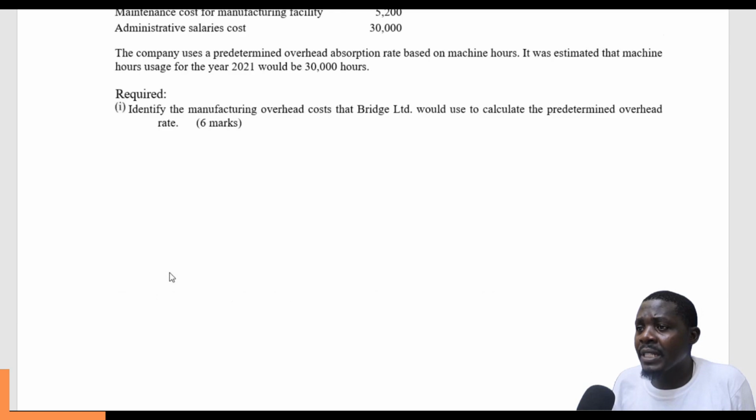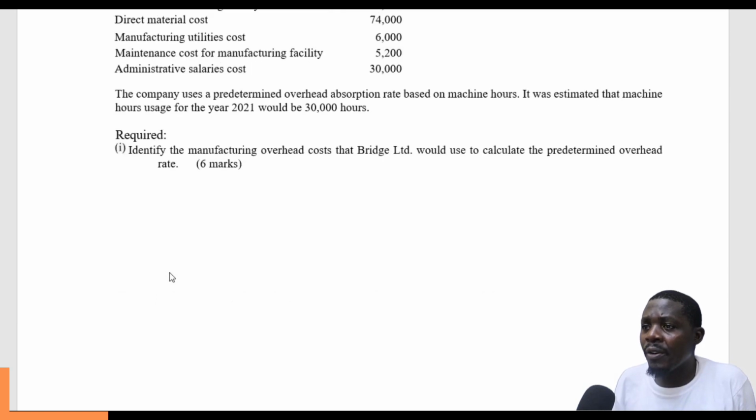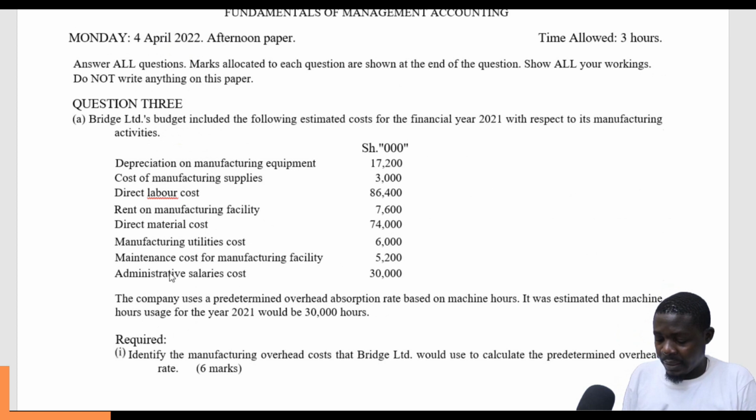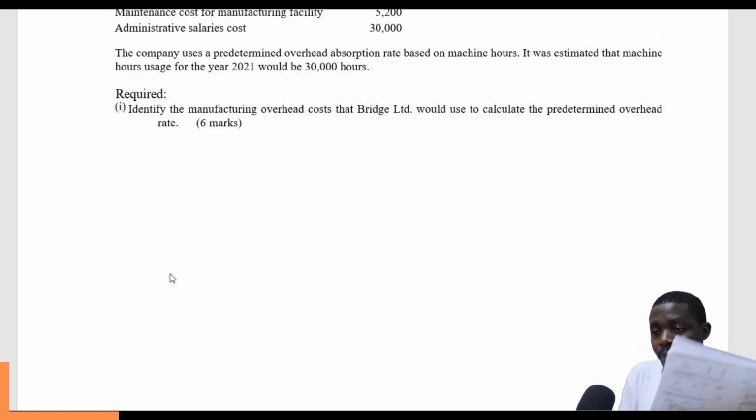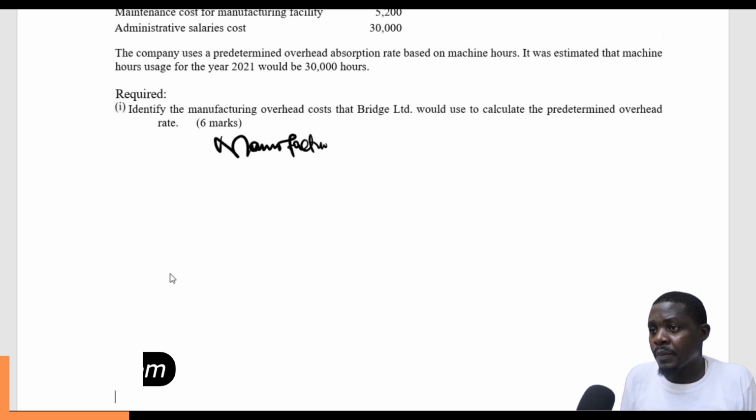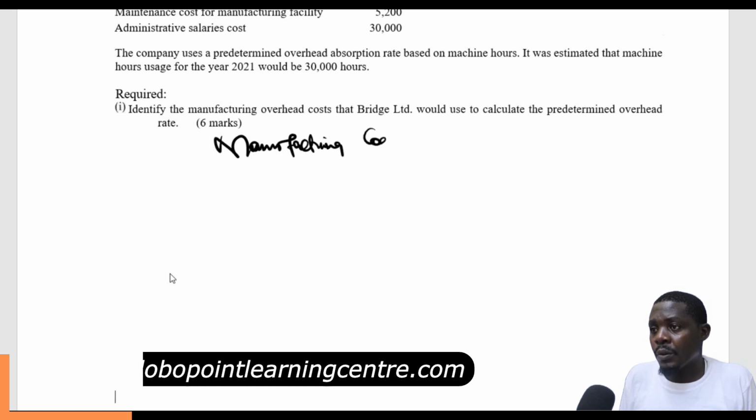Therefore, we can now determine the manufacturing overhead. Let me use it here because the question is long. Let me just write here: manufacturing overhead, manufacturing cost.